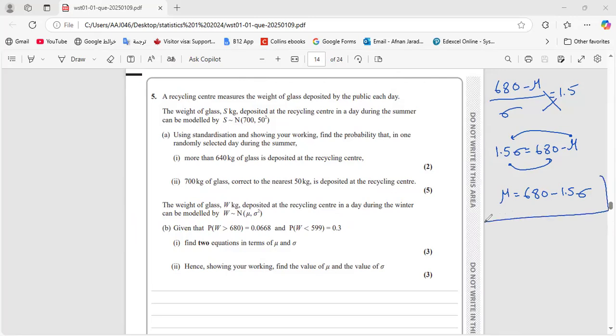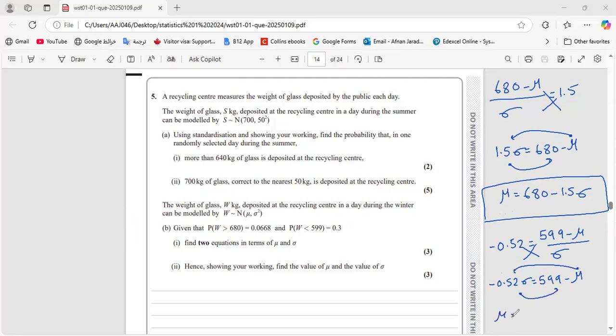The second equation, which is a negative 0.52 equals (599 minus mu) over sigma, cross multiplication. So it's negative 0.52 sigma equals 599 minus mu. Take mu to the side and take sigma to the side.